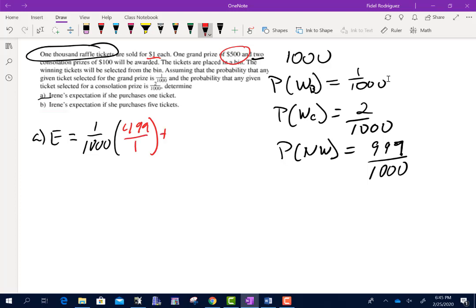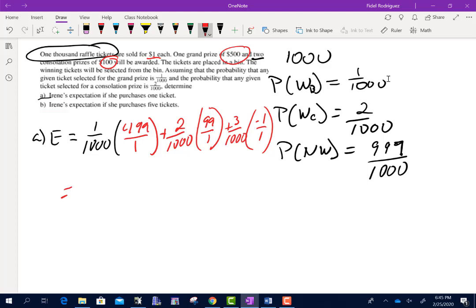Now, the probability of getting a consolation prize is 2 out of 1,000. Those prizes are $100, but again, she paid $1 to get the ticket, so she's really going to win 99 bucks. And the only thing that happens if we don't win is we lose the $1 that we spent.